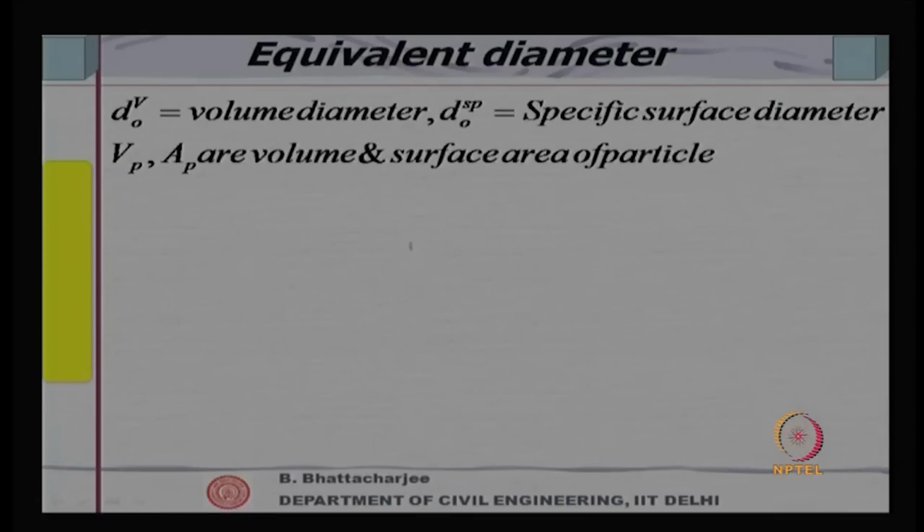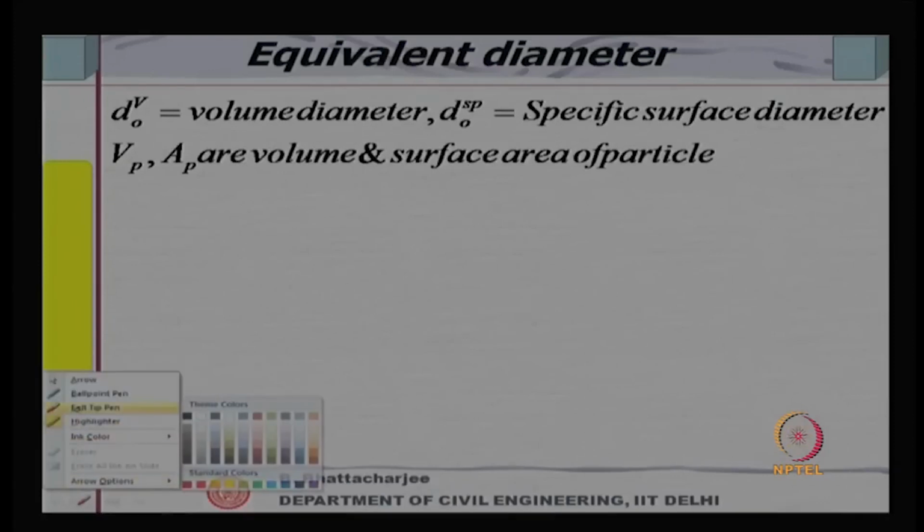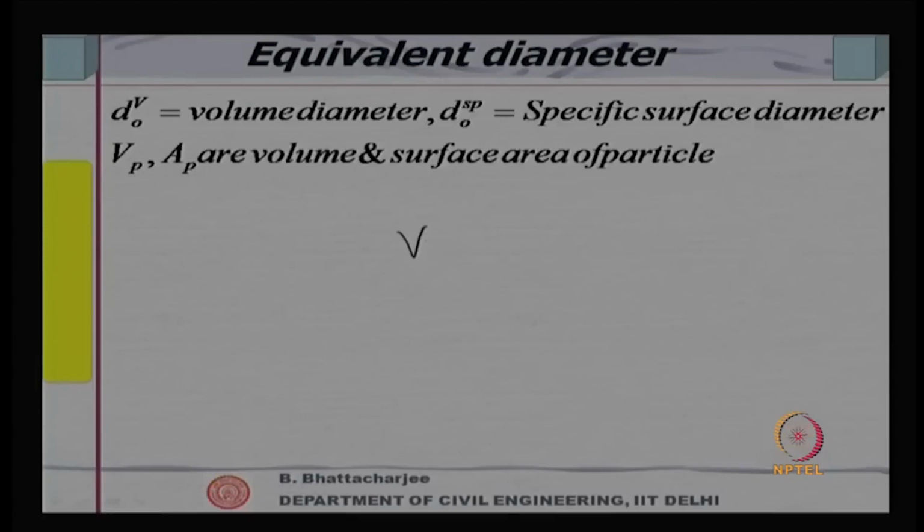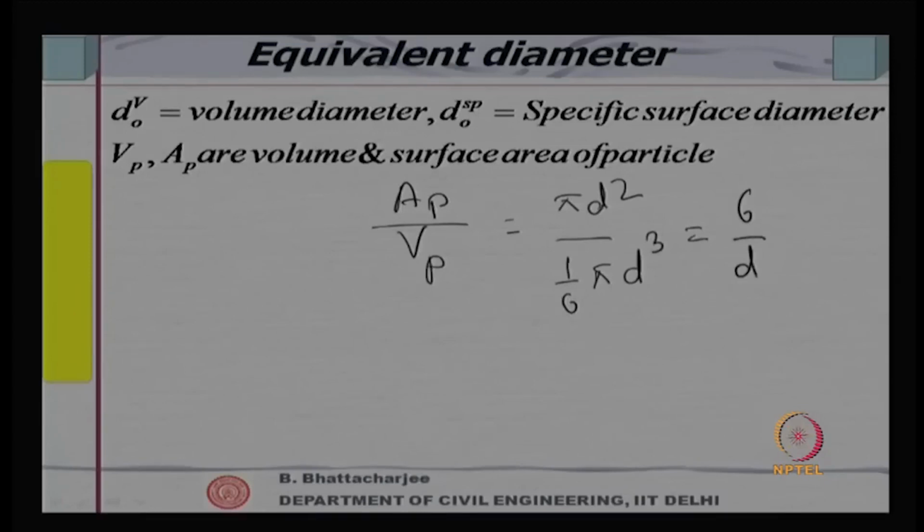It will be A p by V p, and the specific surface of a sphere would be pi d square divided by 1/6 pi d cube, which is simply 6 by d. So, this d will be equal to 6 V p by A p.